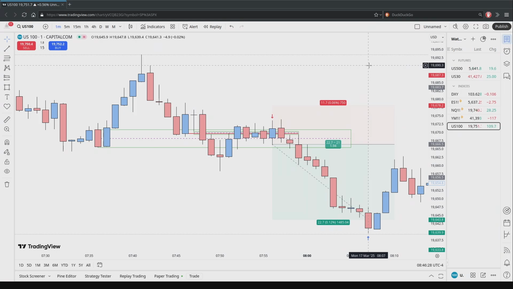If a trade's more than X amount of handles, then it's not a trade that I'm going to participate in or take. So you have a set amount of handles before you even take a position. You know, okay, this is what I'm going in with, and if I'm not able to get that stop, then that's not a trade that I can be a part of. So I have to sit it out.